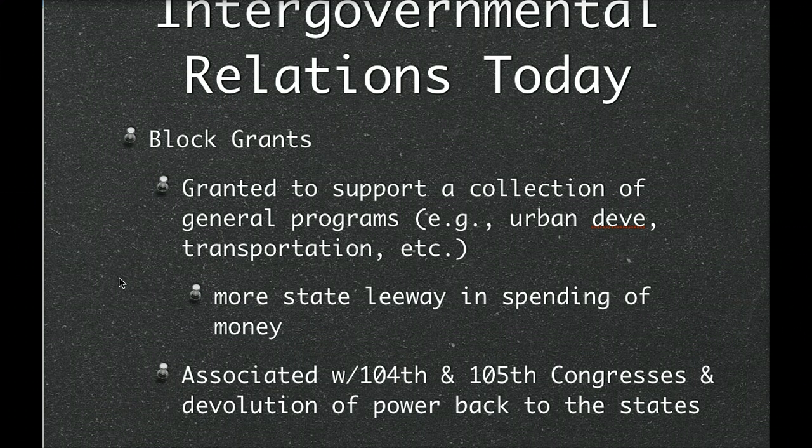Now, state governments have generally supported block grants because they give states wide latitude on how and where the money is spent. City mayors, on the other hand, tend to oppose them because cities must rely on the state governments now to determine the funding and the rules as to how that money will be spent. So it's weird how we maneuver back and forth between the block and everything else.